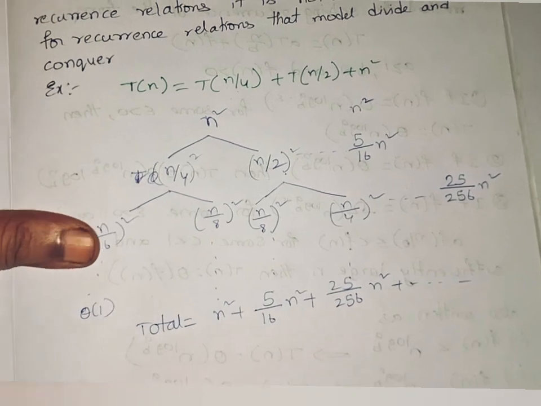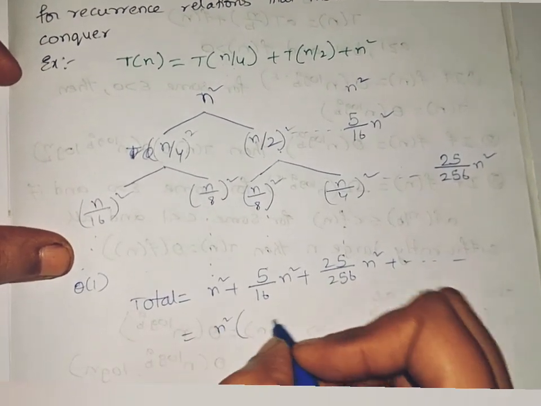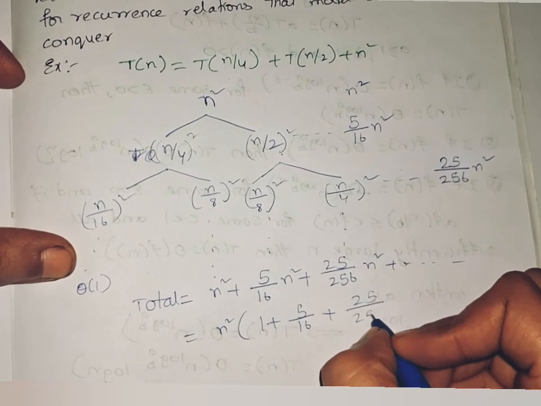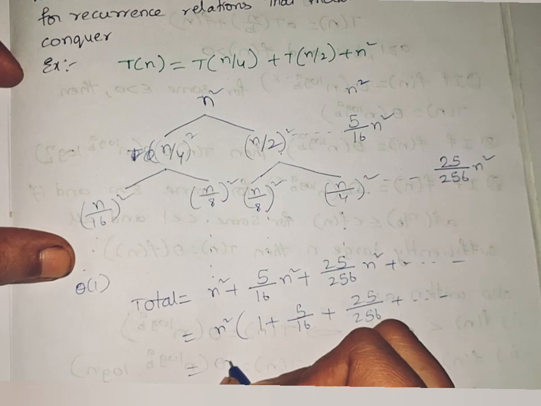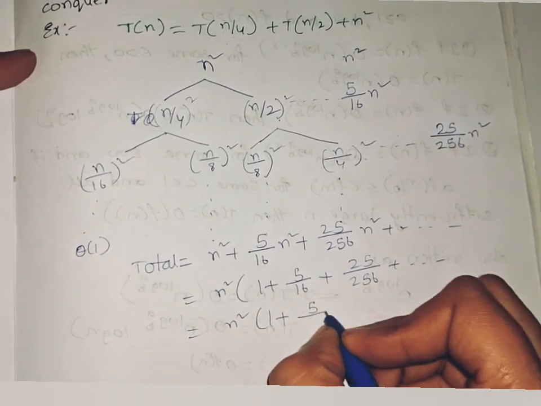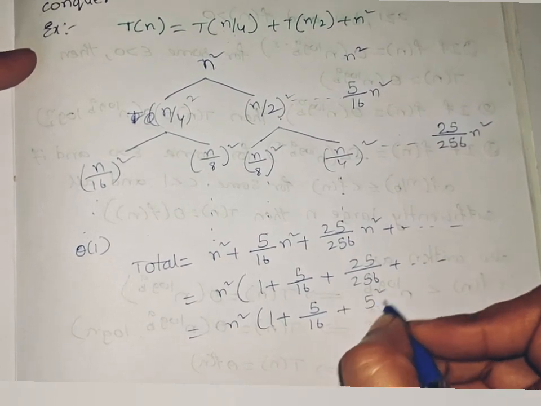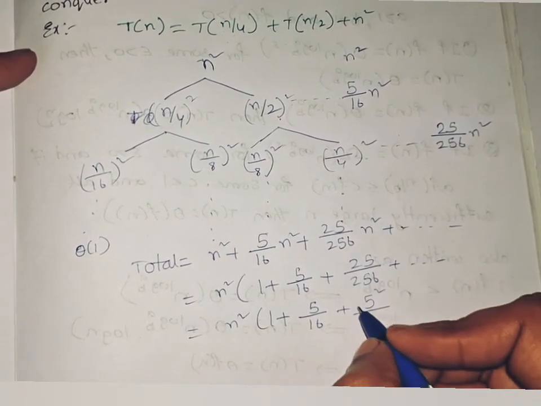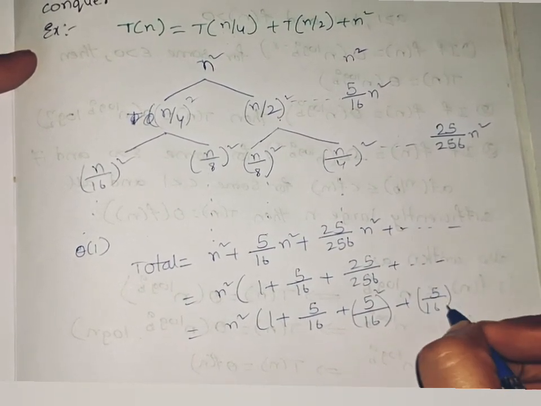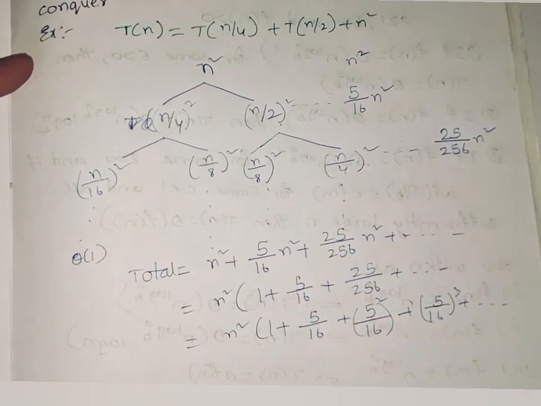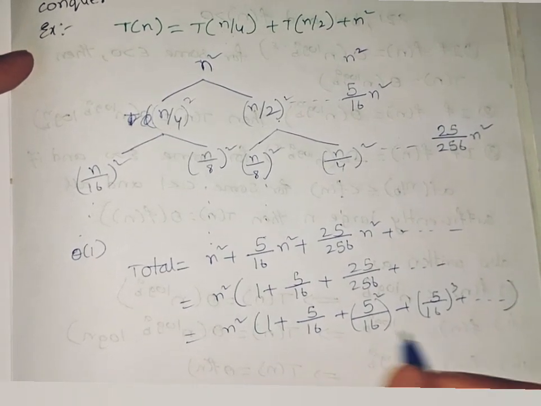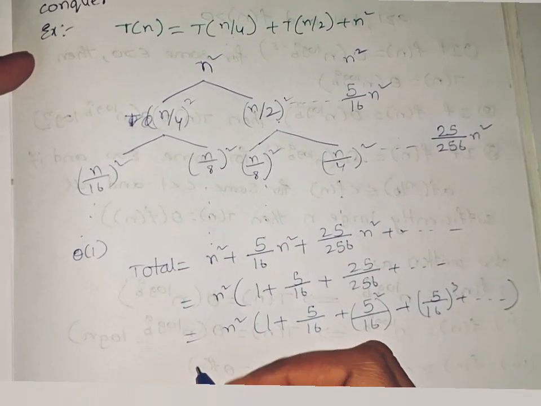Taking n^2 common, we get n^2 times (1 + 5/16 + 25/256 + ...), that is n^2 times (1 + 5/16 + (5/16)^2 + (5/16)^3 and so on).